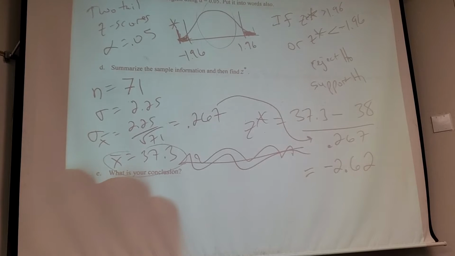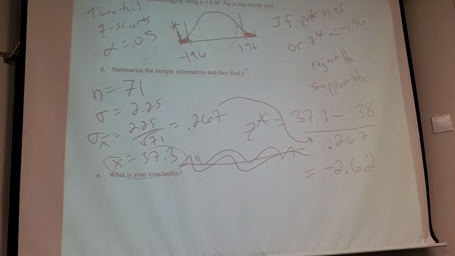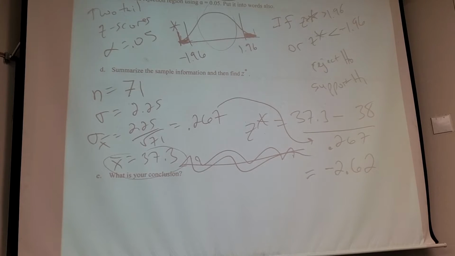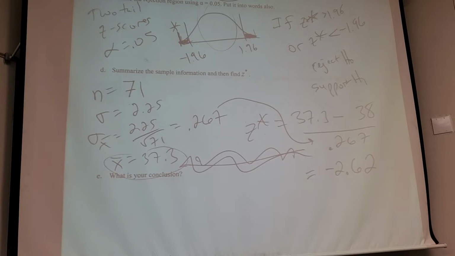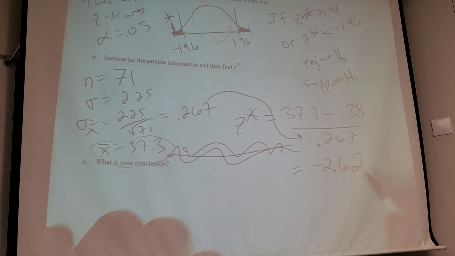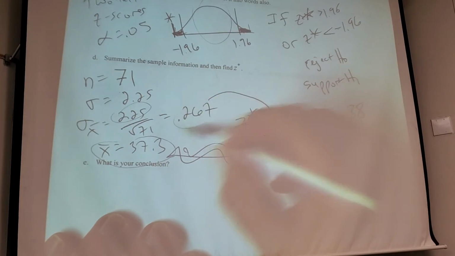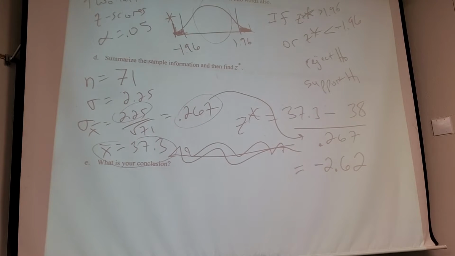But real quick, just to point something out. If I just asked you, is 37.3 far away from 38? Maybe being in this class you realize you can't answer that, but somebody on the street would say, no, 37.3 is really close to 38. But what did we just figure out? It's more than 2.5 steps below 38. Why? Because the standard deviation started off kind of small, and then for the means it got even smaller. So they are very far apart.